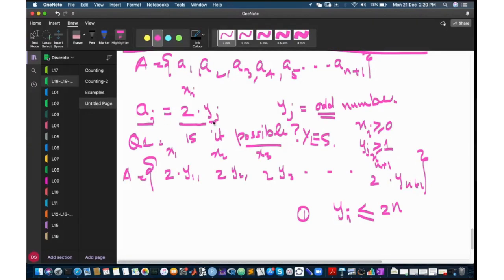So yj cannot be bigger than ai, right? So yi is definitely less than 2n minus 1, because it's an odd number. Do you agree with this observation that yi can't be really big? Yes, sir. And secondly, I know that yi must be at least 1, because I imposed this restriction myself.